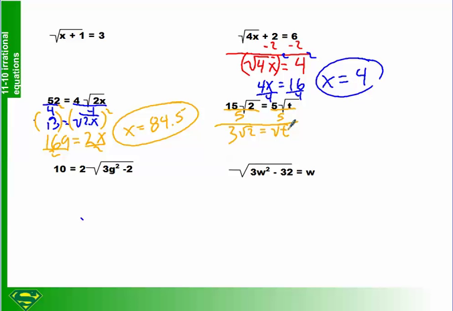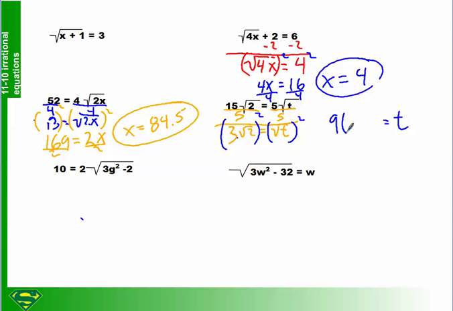What's the opposite of taking the square root of t? Squaring. So let's square this. So the square root of t squared is 3 root 2 times 3 root 2. 3 times 3 is 9.